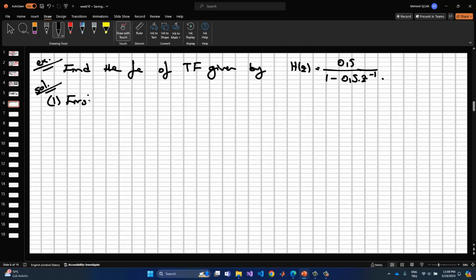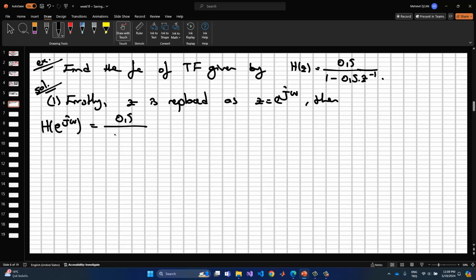Firstly, z is replaced with e^jω, and then we can write that H(e^jω) is equal to 0.5 divided by 1 minus 0.5 times e^jω.